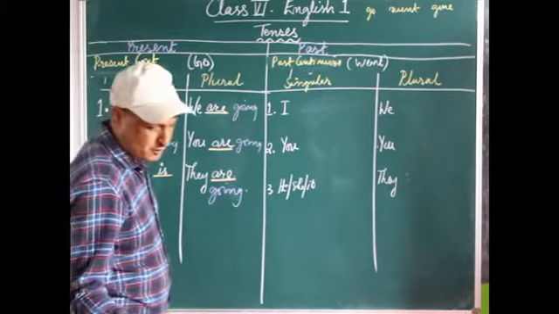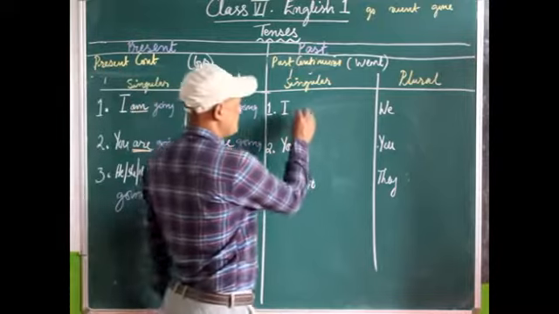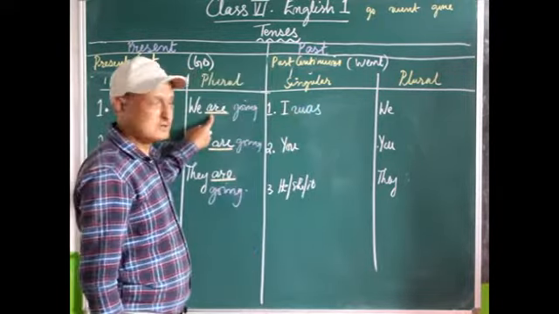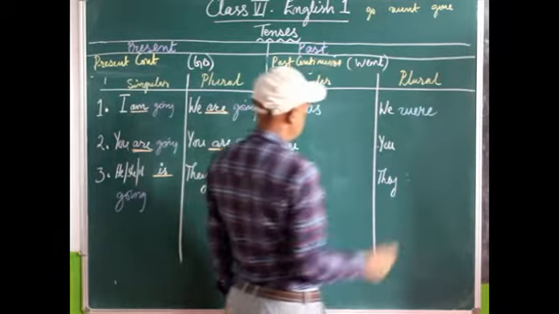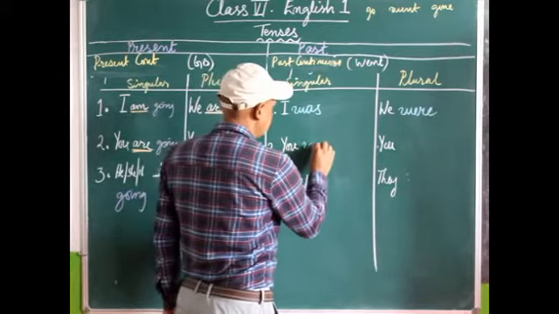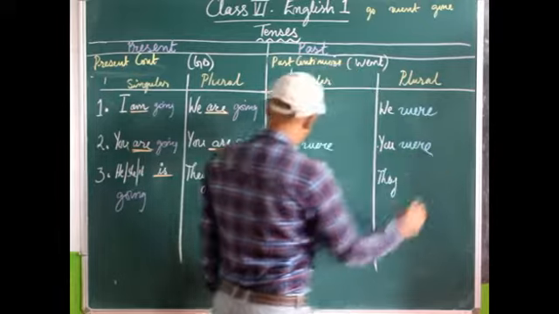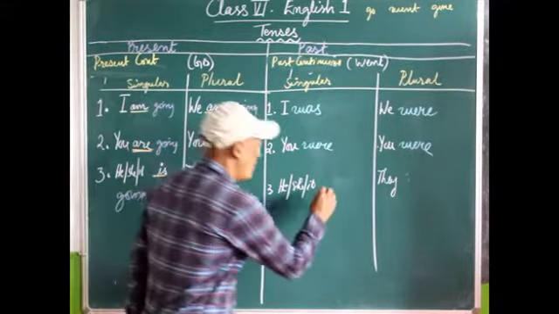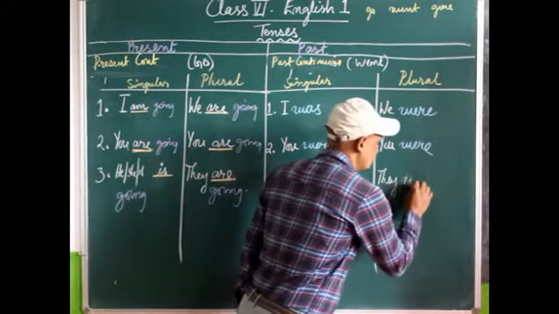So the past form of am will be was. Are, past form will be were. So here you were. The past form of is again will be was. They were.